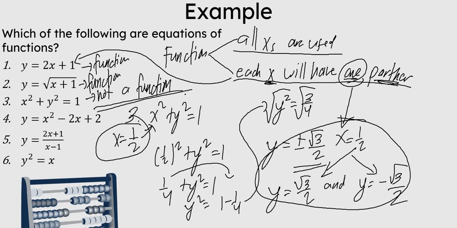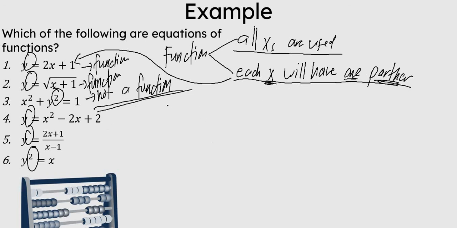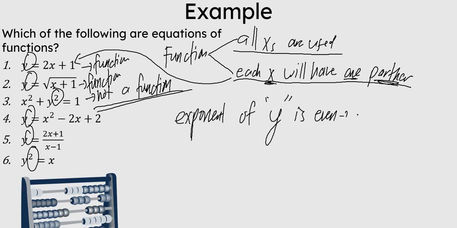Now, do we have to check each and every number? There is actually a way for us to easily determine if the equation is an equation of a function. Take a look at the exponent of the y's. If the exponent of our y is even, then that is not a function.